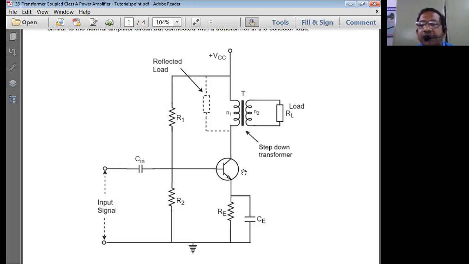And next, it is costly in comparison to the basic class A type of power amplifier circuit. But what is most important is the efficiency. The efficiency is going to get increased because of the transformer coupling at the output of the transistor amplifier.